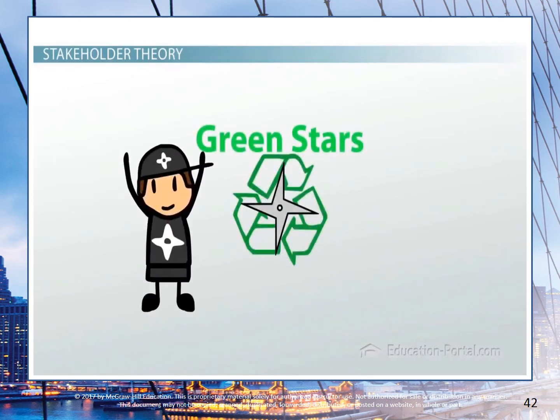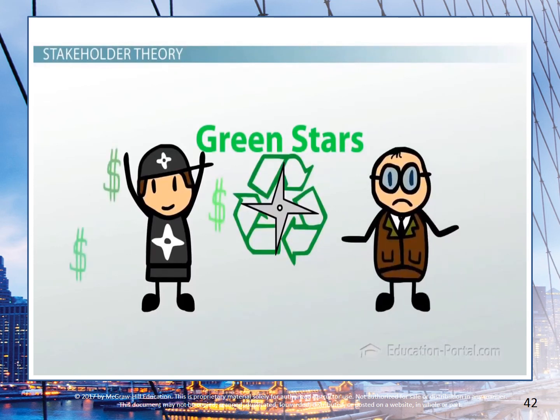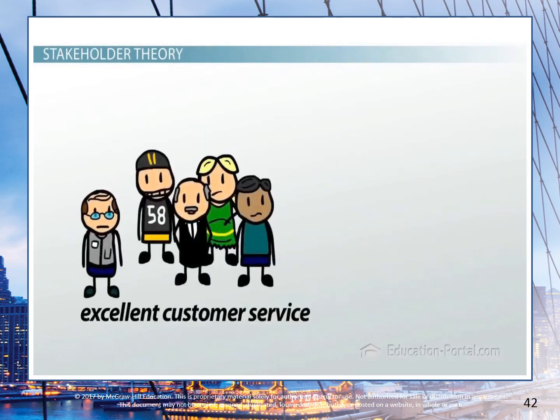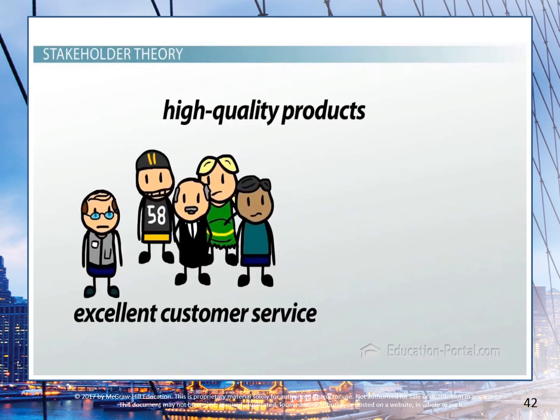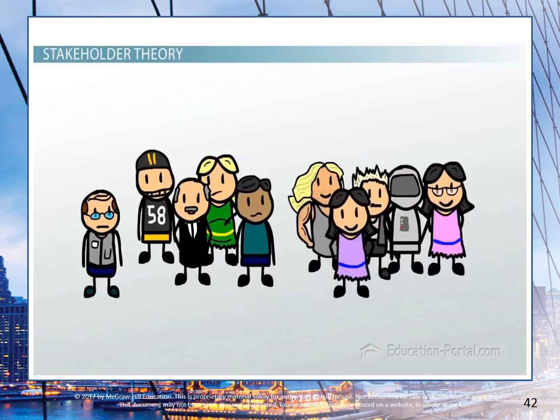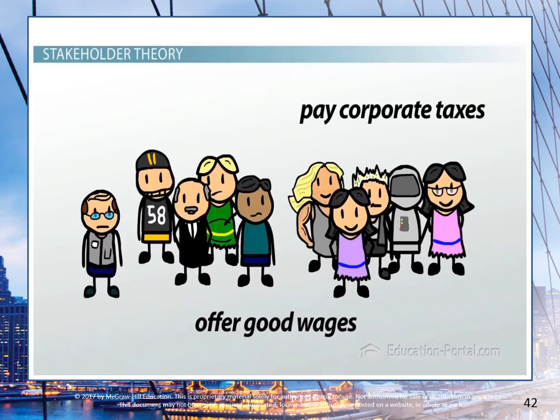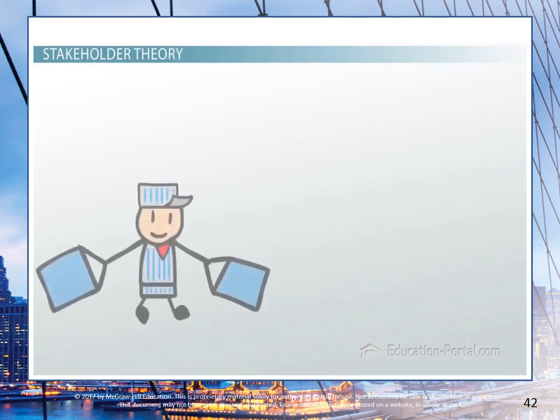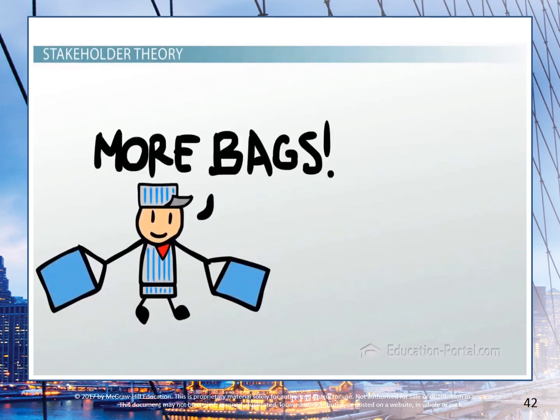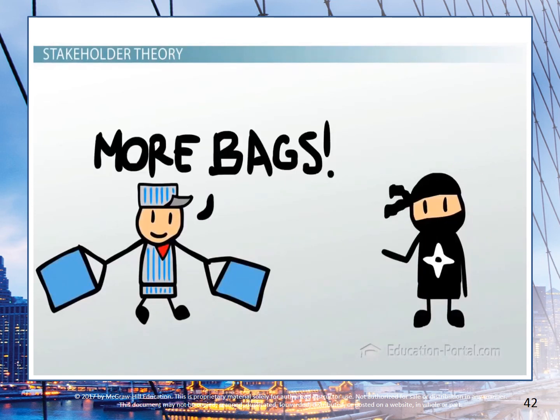Employees want to have a good, secure job and excellent wages, while management wants happy workers and profits. Customers expect excellent customer service and high-quality products, while the community wants a corporation to pay their taxes, offer their citizens good wages, and help support the environment by not polluting. Suppliers want their business to remain plentiful, and owners, of course, want a financial return for an excellent profit.